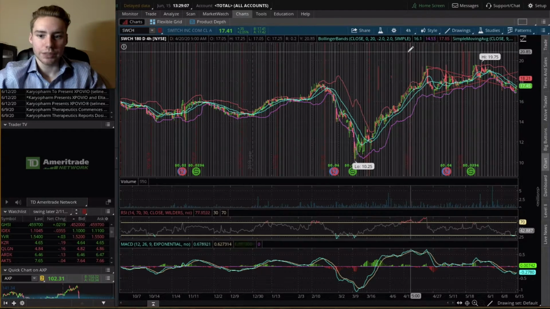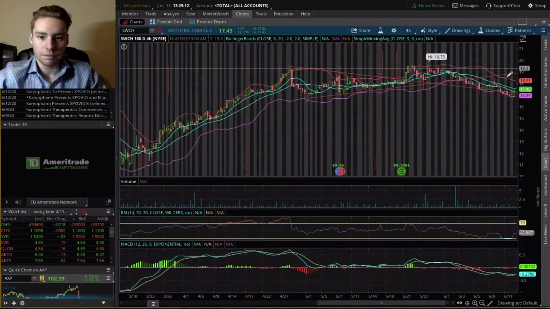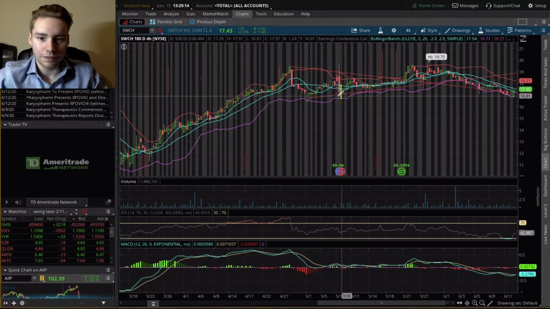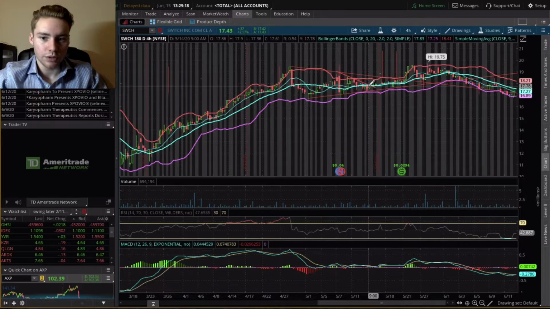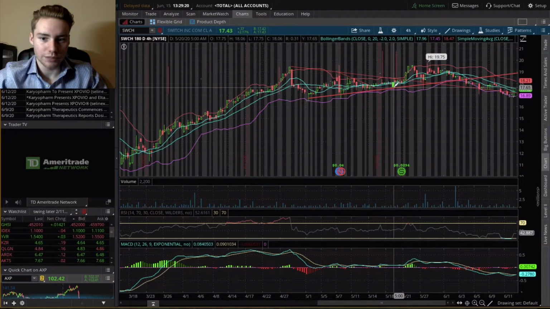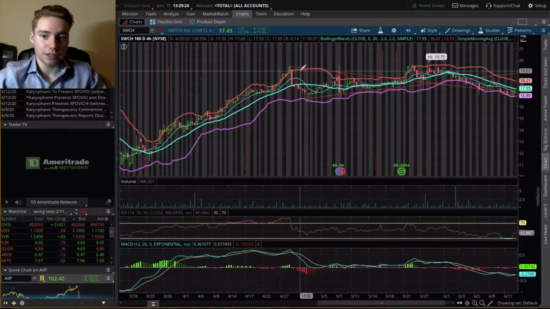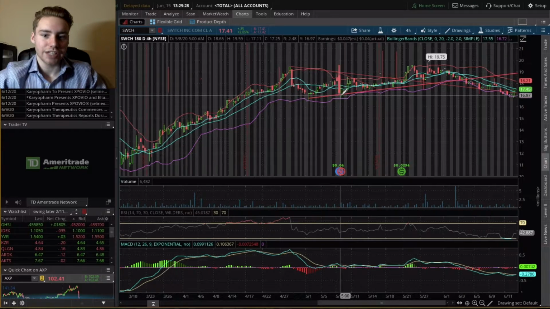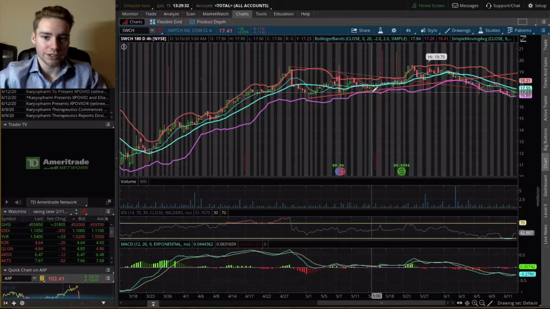So for example, here, SWCH hit the support level about one, two, three, four times, four-ish times. So what I typically like to do is to put my stop loss at either the second or third point at which the support line is touched.